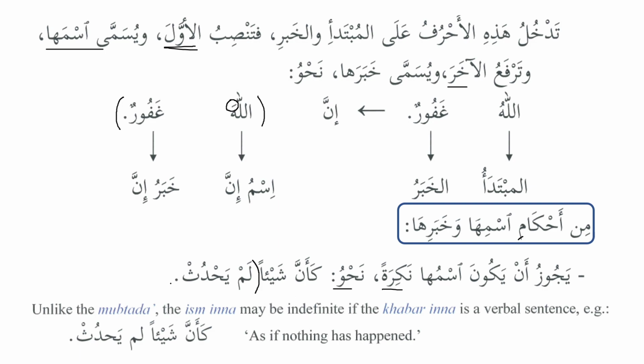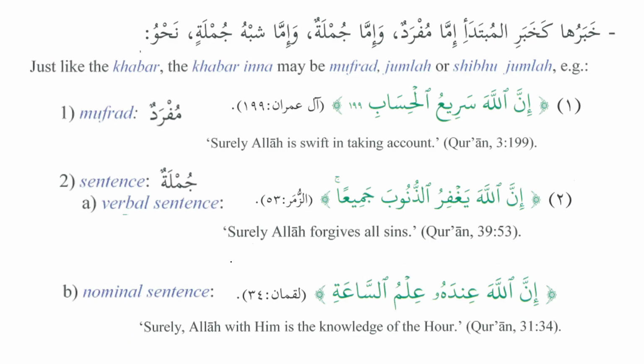So if the khabar is a verbal sentence, then there is a possibility that ismu ka'anna or ismu inna can be an indefinite noun. This is one of the possibilities. Please note them down. That's number one. Number two, khabaruha.